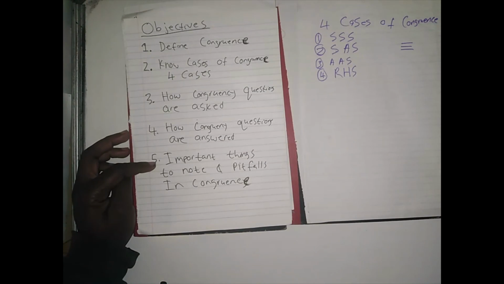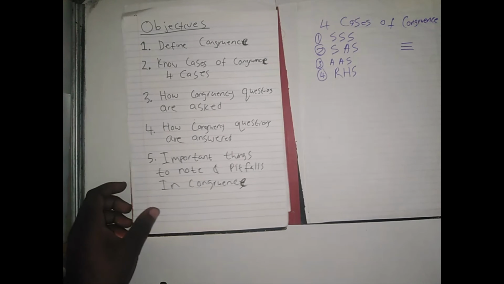And then, were you able to look at important things to note and pitfalls in congruence? Yes. For example, in most cases, if not all, you will be given shapes that are orientated differently.